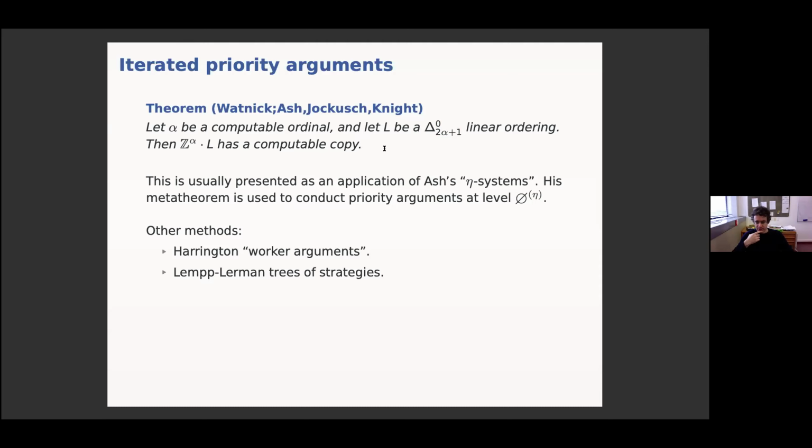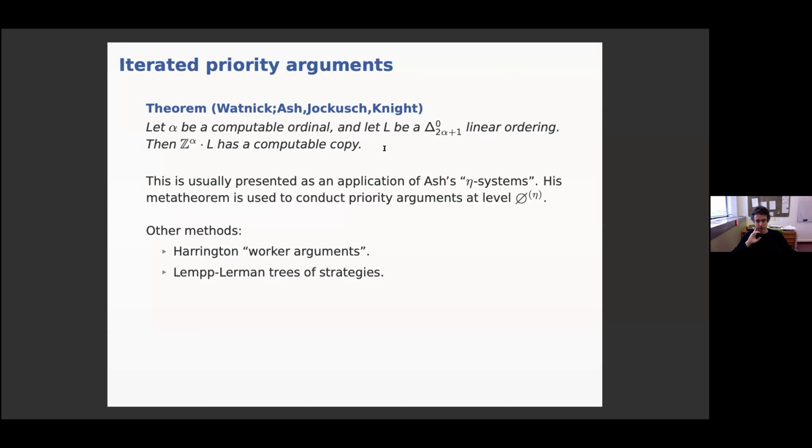And there's a variety of technical frameworks that allow us to do this. The one that is, I think, now most popular is the one presented in the book by Ash and Knight, which uses Ash's eta systems and the metatheorem that is used to do these priority arguments. There are other methods that I won't talk about.